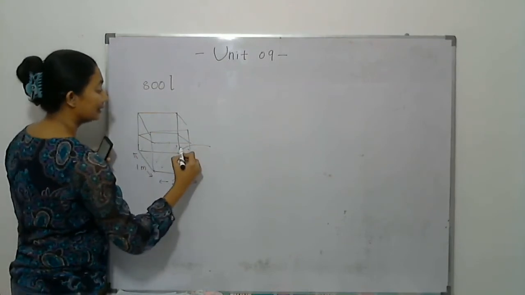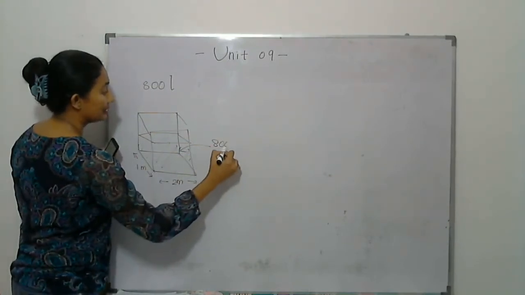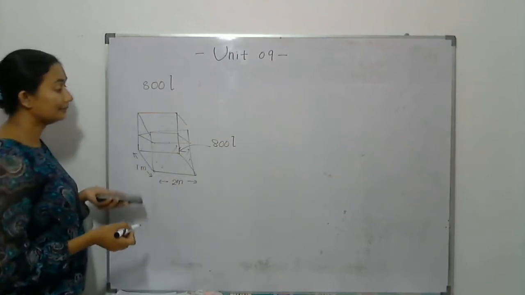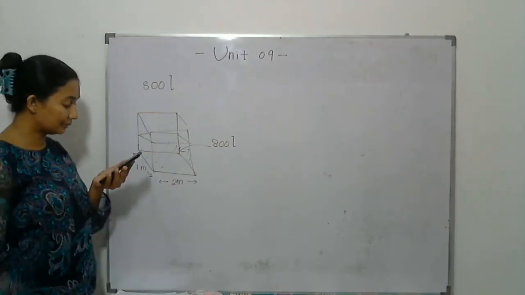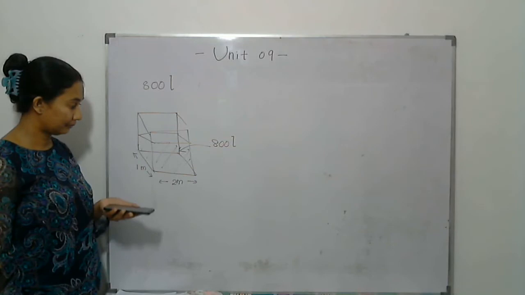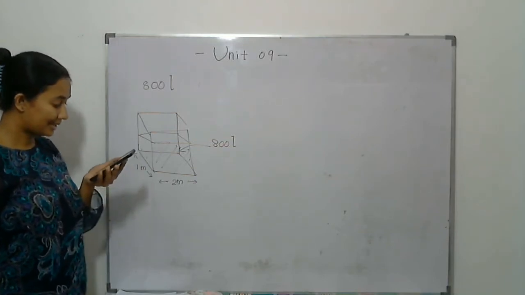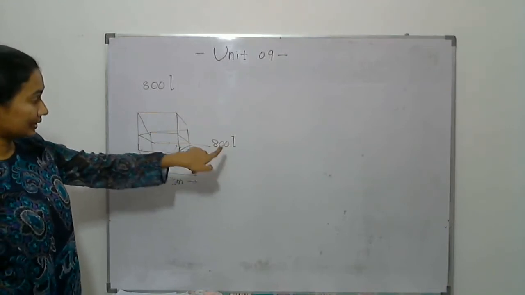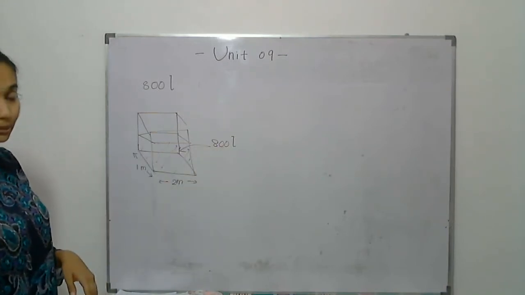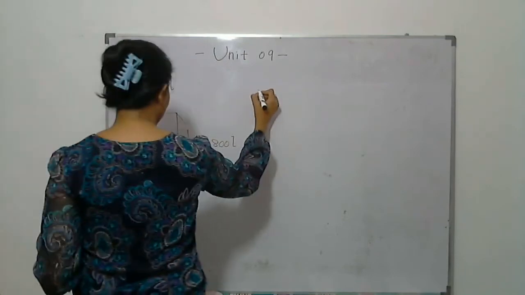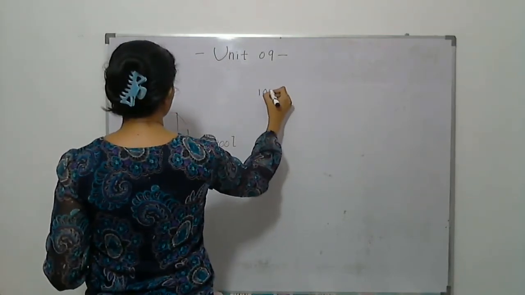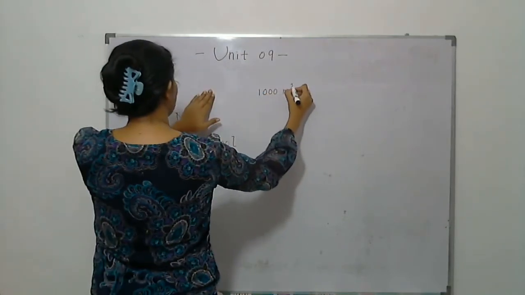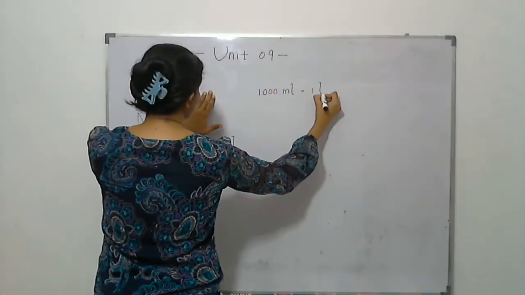The tank has 800 liters. Then what you have to do? First thing, we can convert these liters into milliliters. You know this relationship: 1000 milliliters is equal to 1 liter.